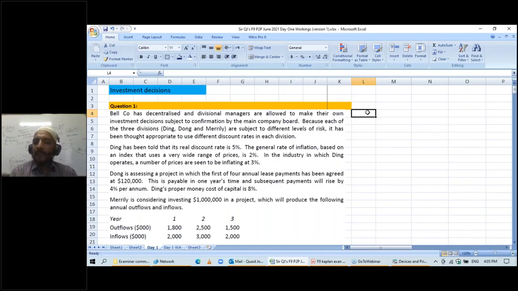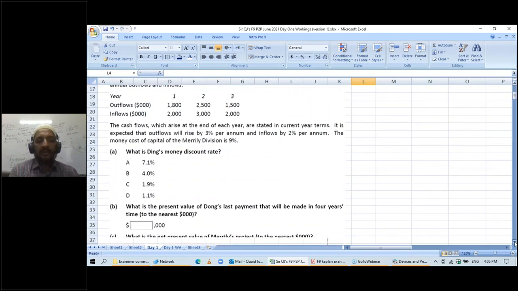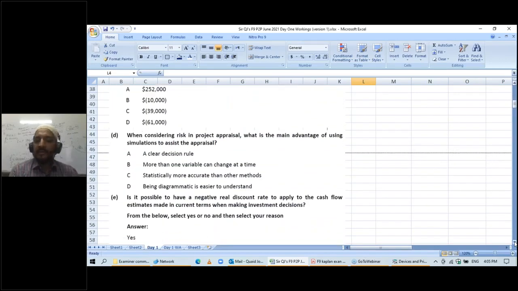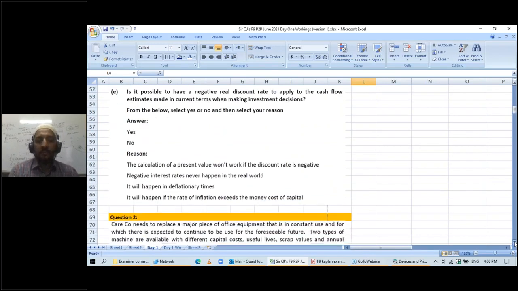On the left hand side you can see the questions, right? Question 1 is a section B type scenario question, in which there are 5 objective type questions, right?